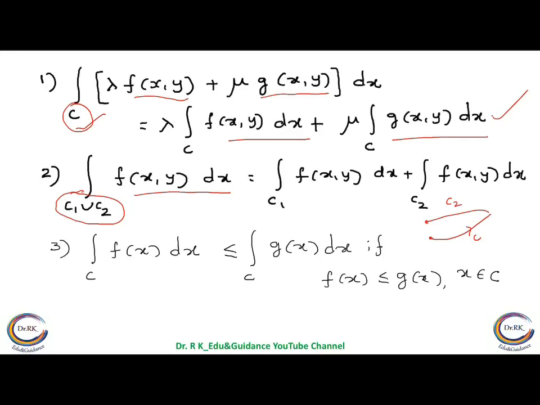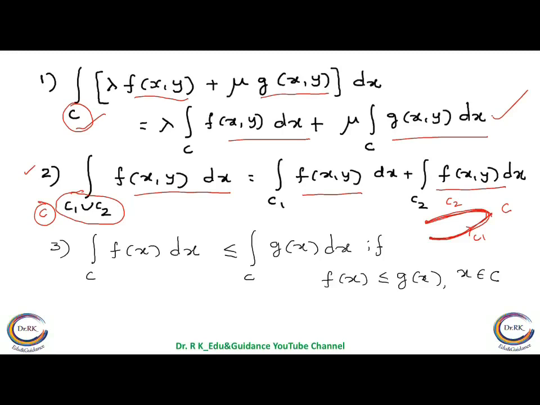If you want to find the line integral over the union of C1 and C2, the total curve C, it is nothing but the line integral along C1 plus the line integral along C2. So the line integral over C1 union C2, the complete curve C, equals the integral over the first curve C1 plus the integral over the second curve C2. That is the second property.